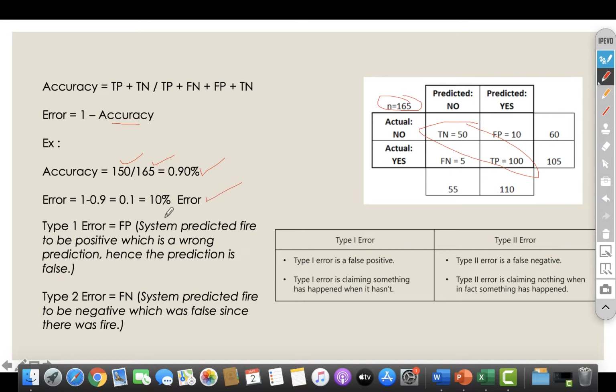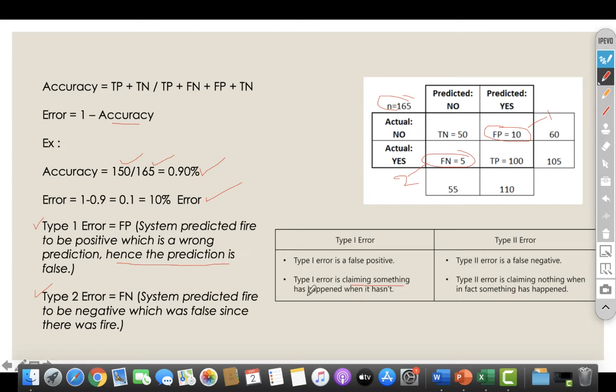So error we divide into type 1 error and type 2 error. So in this case, this is type 1 error and this is type 2 error. Type 1 error, the system predicted fire to be positive, which is wrong, hence the prediction is false.